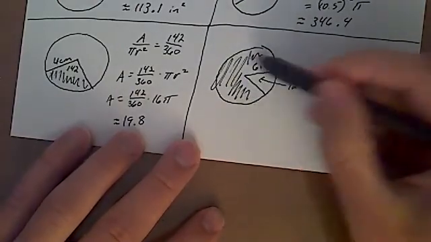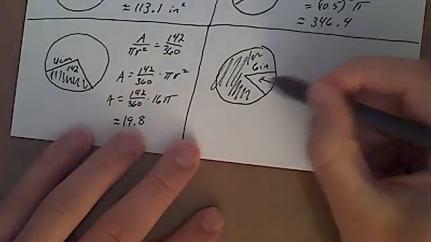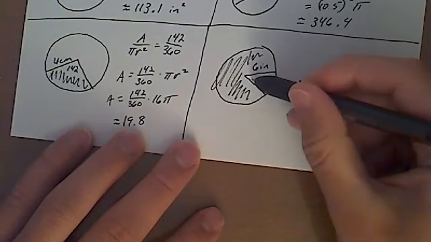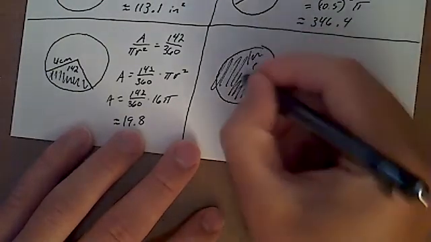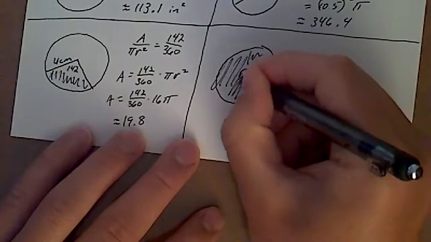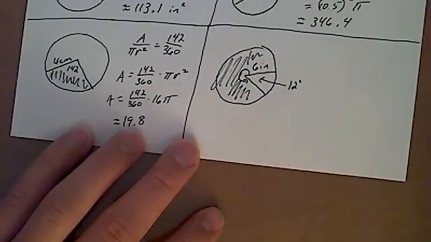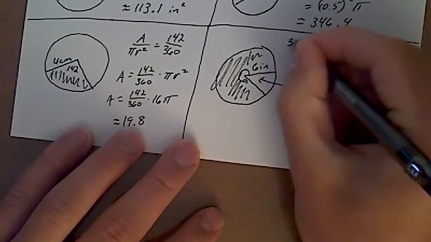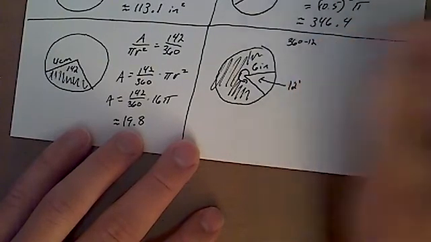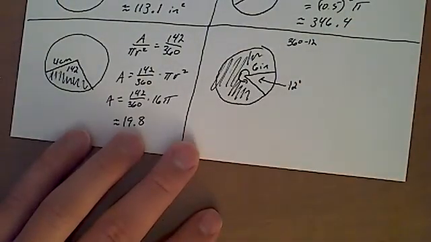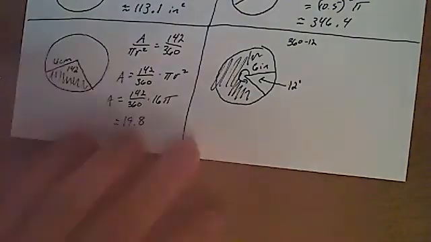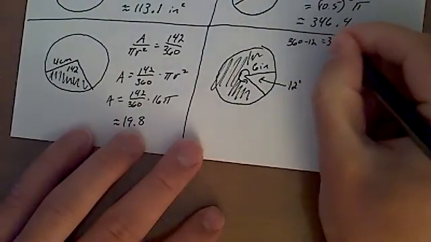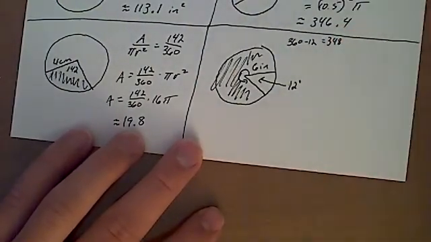That's this big area out here. The inside here, this degree is 12. So what's the degree of this? Well, it must be 360 minus 12, right? And that is 348. And that's the degree measure we want to use here, right?